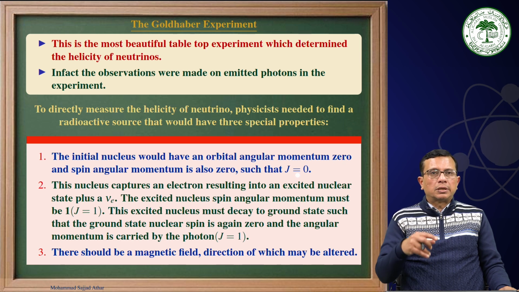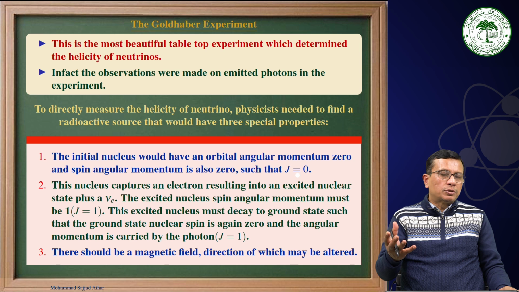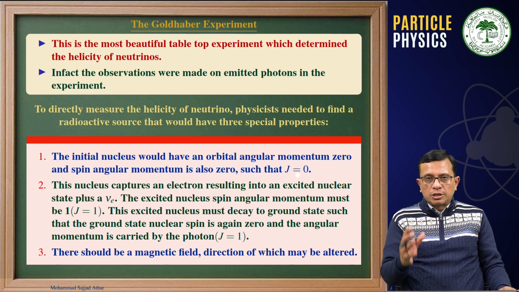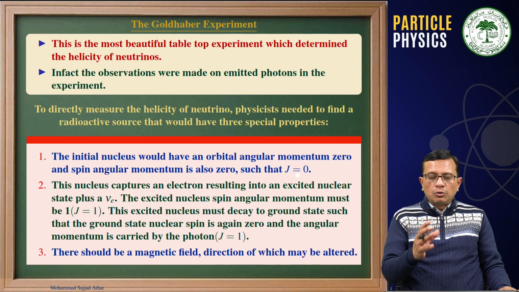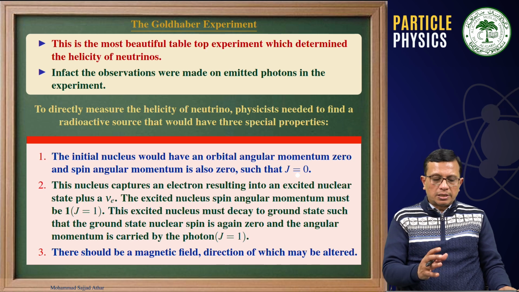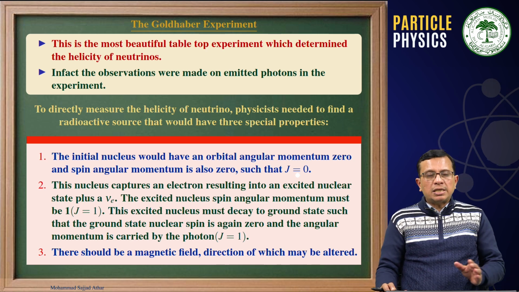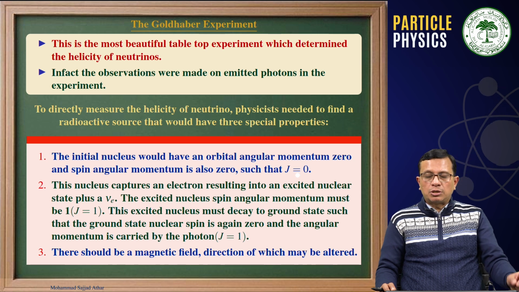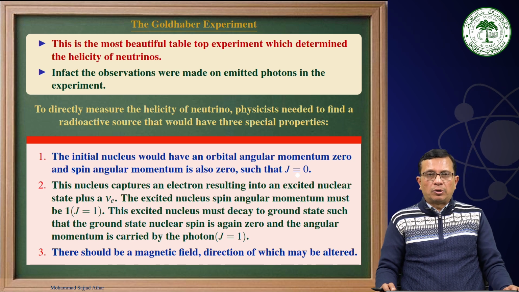They thought that we should try and find a nucleus with angular momentum 0 while the nucleus is in the ground state. Now, this nucleus captures an electron, resulting in an excited nuclear state, plus a neutrino is released to conserve electron-lepton number.